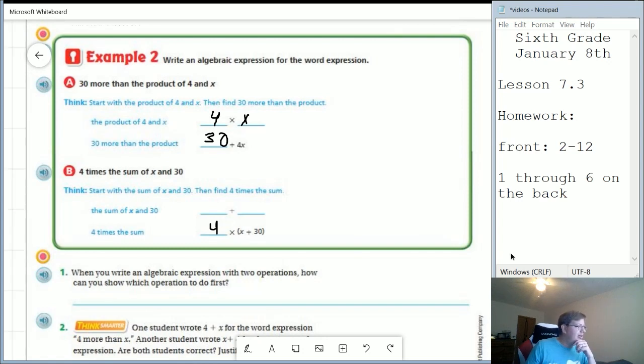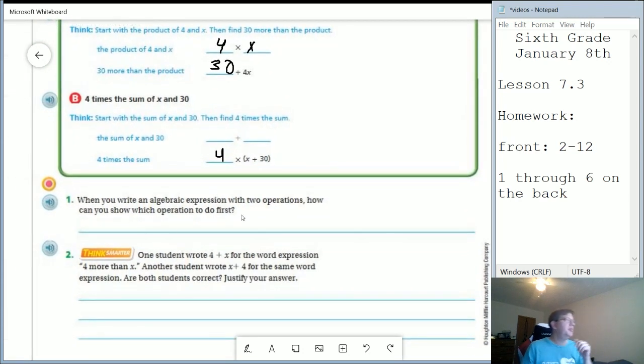So number 1, I want you to think about this for a moment. When you write an algebraic expression with 2 operations, how can you show which operation to do first? There's a couple different ways that we can do that. So think about your order of operations.